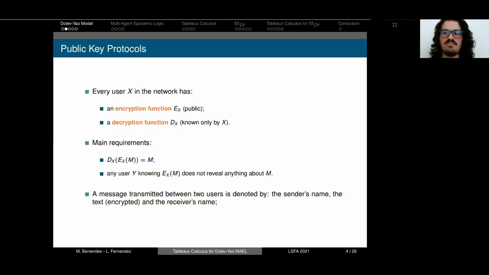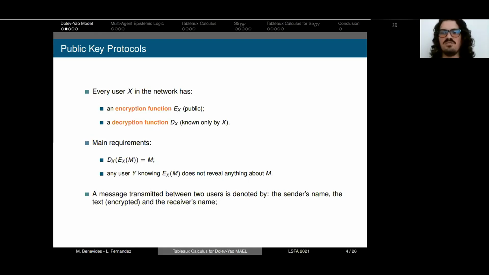So basically, in a public key protocol, and using the notation they use to show this topic in the paper, every user X in the network has an encryption function, EX, that is public.